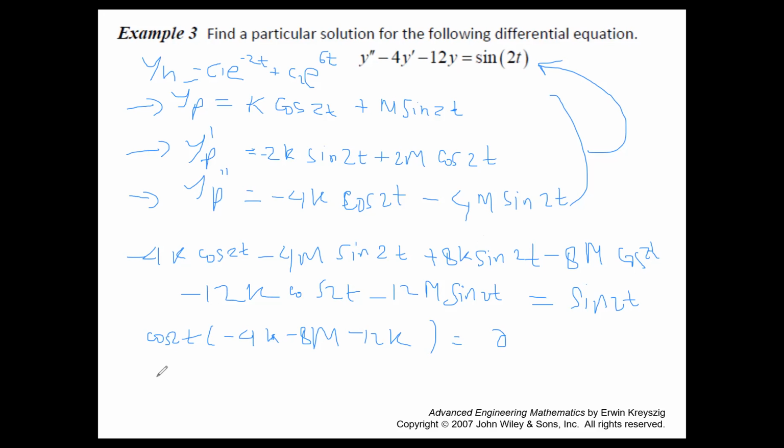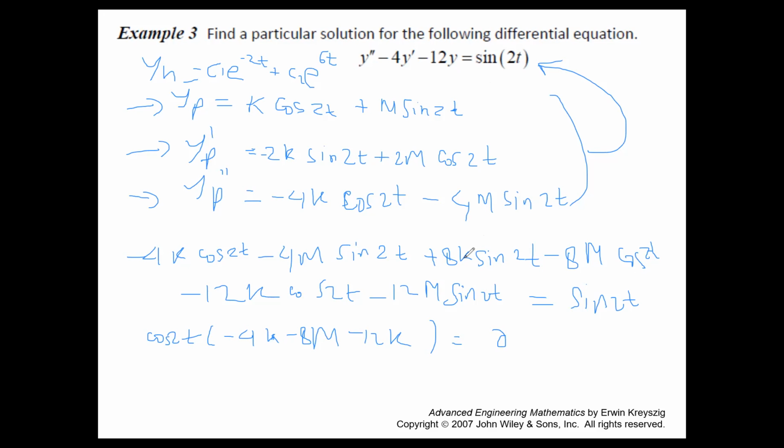And you can also do it for the sine one to get the sine coefficient. But there is one trick over here. If you take a look at this, we can also just take the sine term on the solutions too.